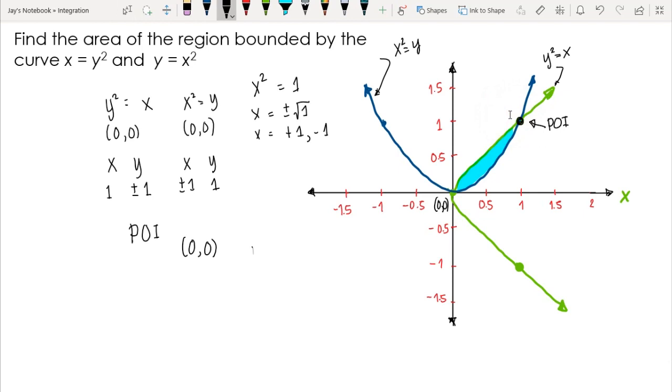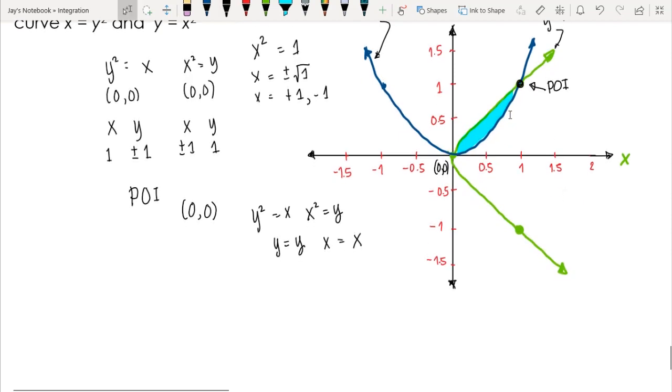We know that the values of y are equal and the values of x are also equal, so we can use either of these two relationships. Let's use y is equal to y, and we know that y for this curve is the square root of x, correct?